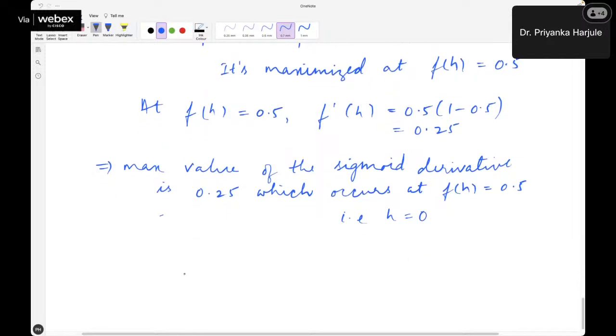So now f dash of h is always less than or equal to 0.25 for all h.